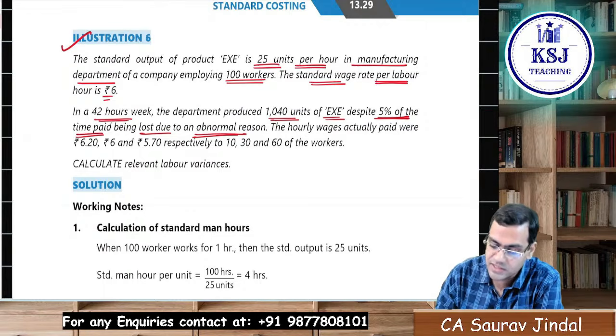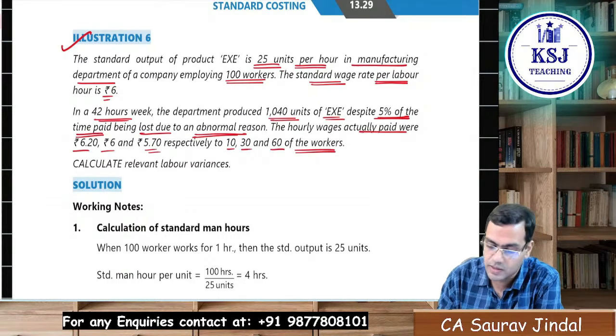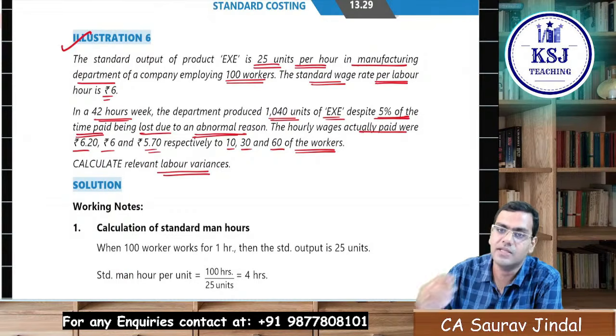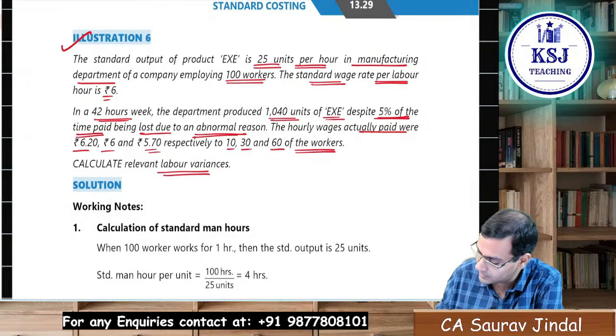The hourly wages actually paid were 6.26 and 5.70 respectively to 10, 30 and 60 of the workers. Clear? Now, calculate the relevant labor variances.